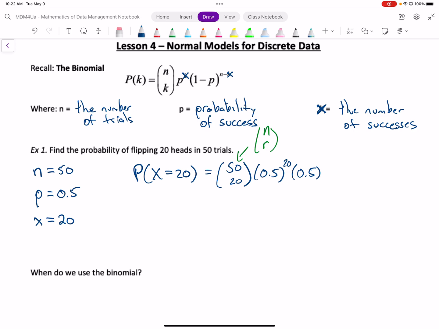How many tails would you have? Out of the 50, you would have 30. So you take 50 minus 20 gives you 30. You would plug this in and get approximately 0.042. So this is the probability that you would get exactly 20.